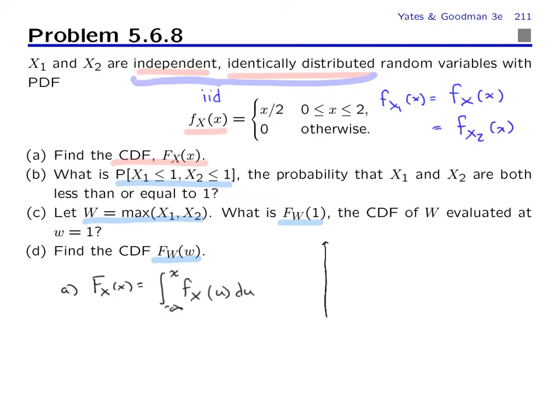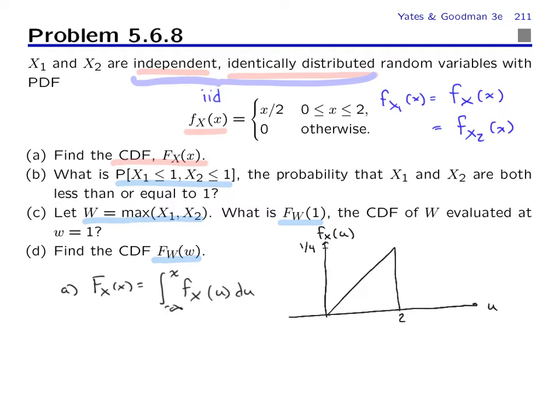Graphically, as a function of the dummy variable u, we have a PDF of x that goes from 0 to 2, and at 2, the height is equal to 1/4.